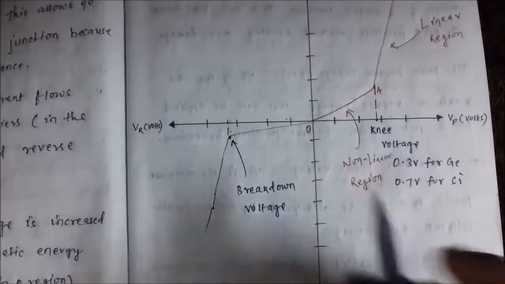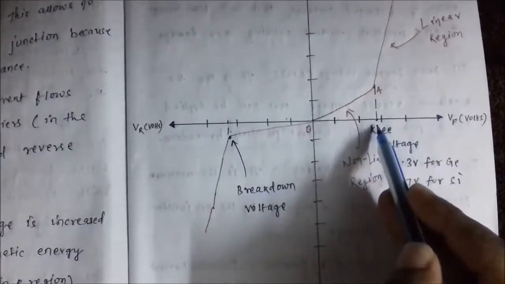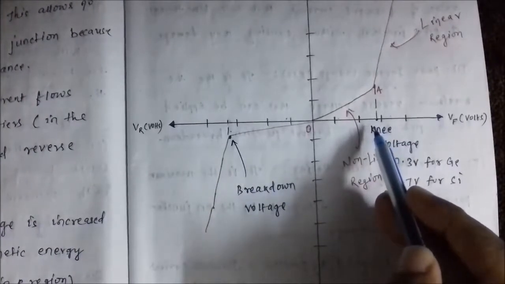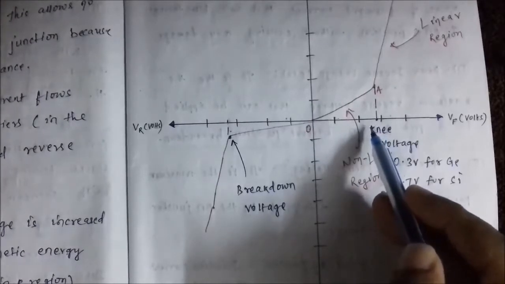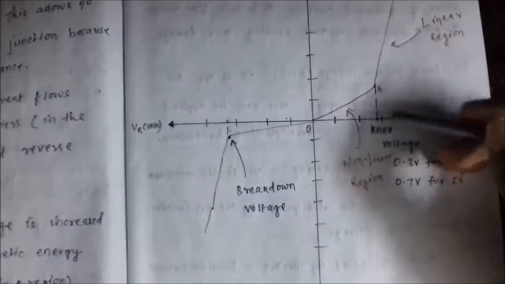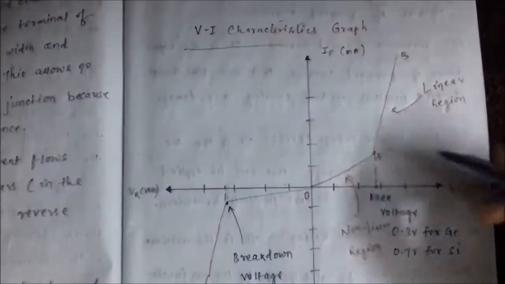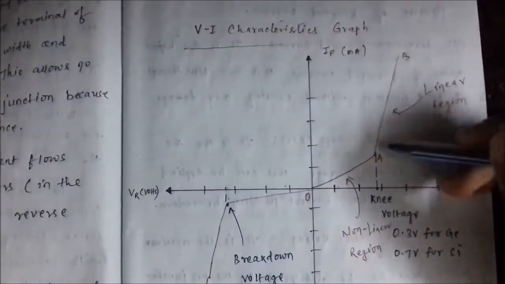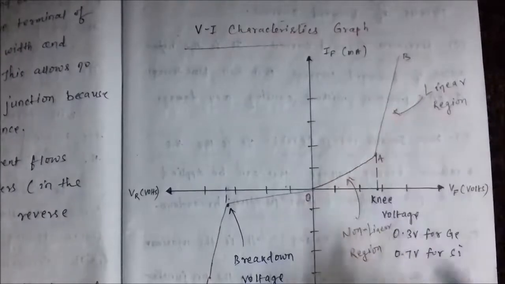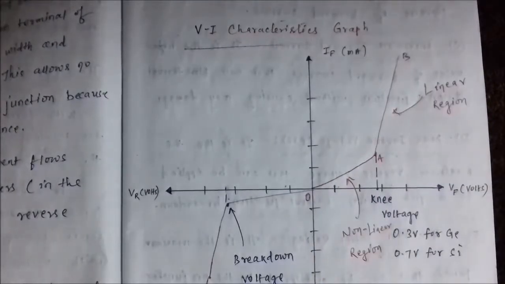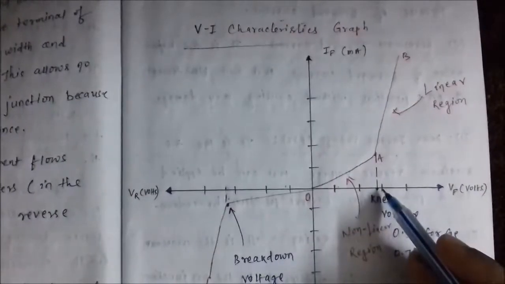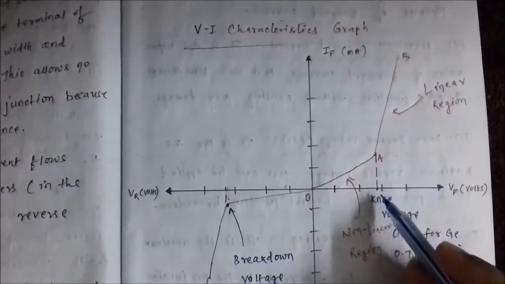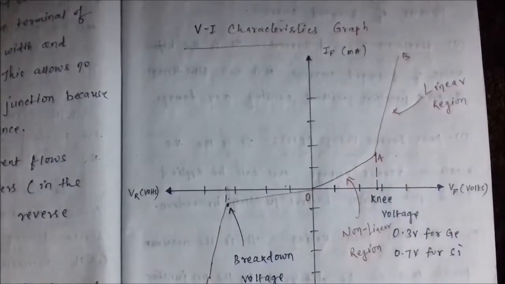So the forward voltage up to this value is used up in overcoming the potential barrier. The voltage at which there is a steep, sharp increase in the current is called the knee voltage. At this voltage, the current increase in the semiconductor is very sharp.